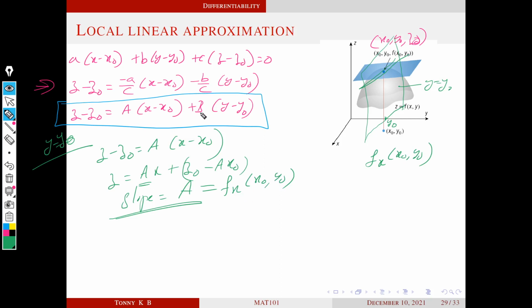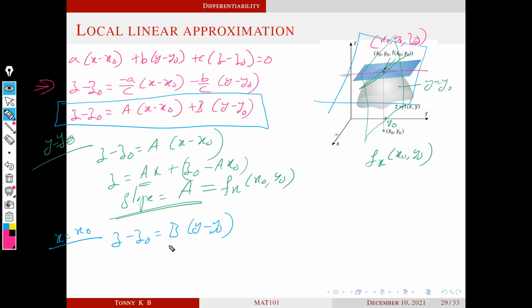Similarly, you can find b. How? You simply consider the intersection of this plane together with x equal to x naught. And what is this intersection? X equal to x naught means it's a plane like this. So the intersection is again a tangent, in the direction of y-axis.